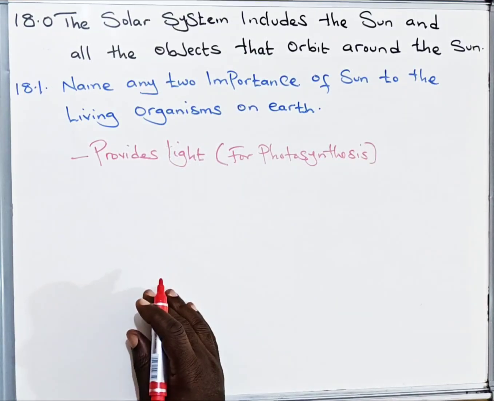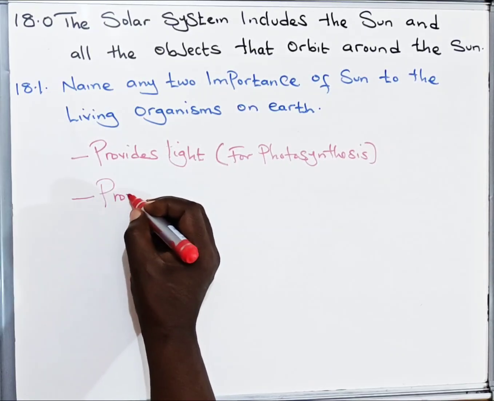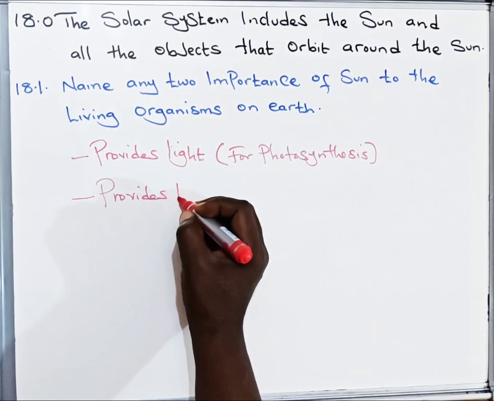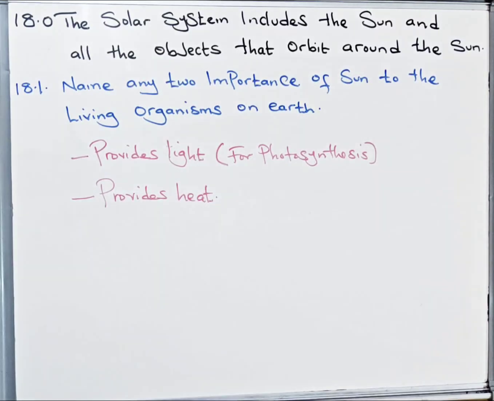Okay, next one, the sun provides heat. Yes, this is also very important, that without the sun, the environment would be too cold for any living organisms to be supported.